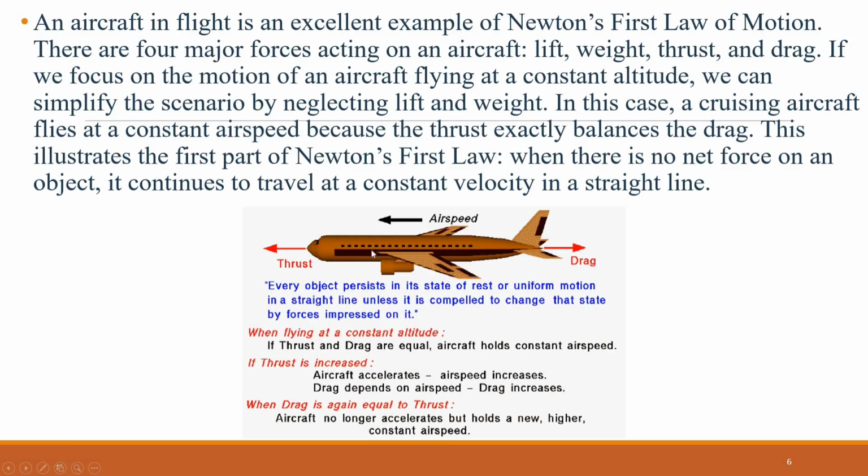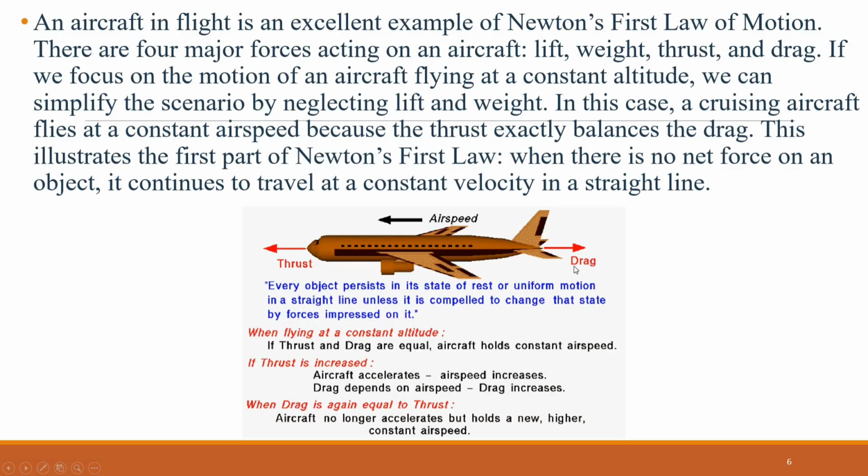Now, if the pilot changes the engine thrust, the balance between thrust and drag is disrupted. For example, if the thrust is increased, the aircraft accelerates and its velocity rises. This demonstrates the second part of Newton's first law. An external force changes the velocity of an object.